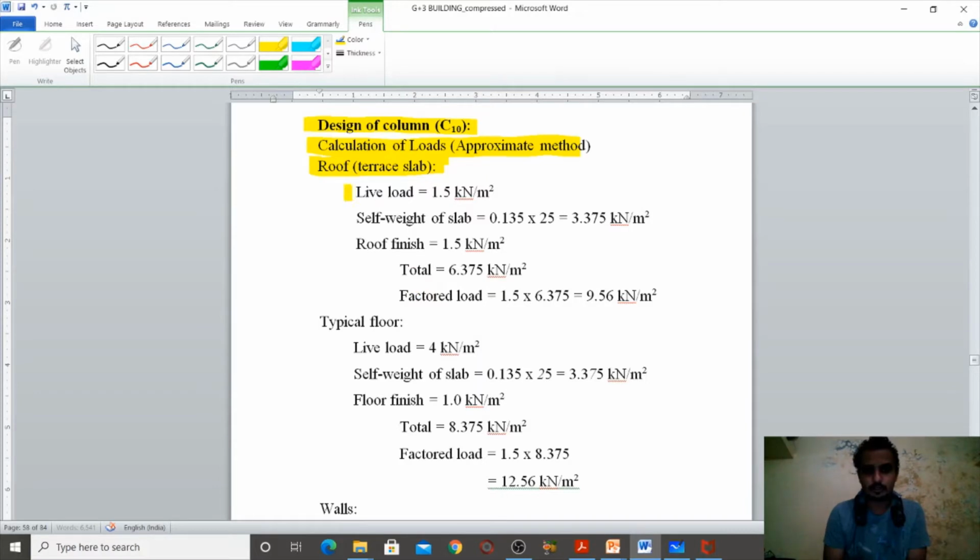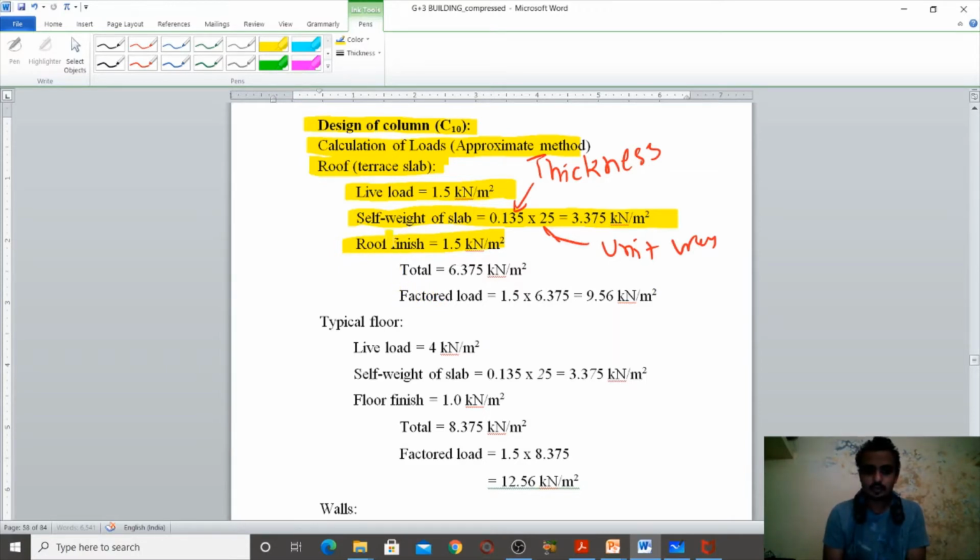In this example, we are going to find the roof load. On the roof we have a live load of 1.5 kN per meter square. Self weight of slab is 0.135 into 25. 0.135 is the thickness of slab, and 25 is the unit weight of concrete. So self weight of slab is 3.375 kN per meter square. Then roof finish is 1.5 kN per meter square.